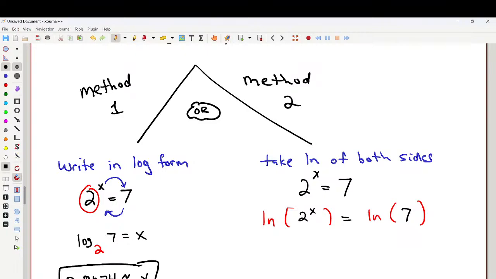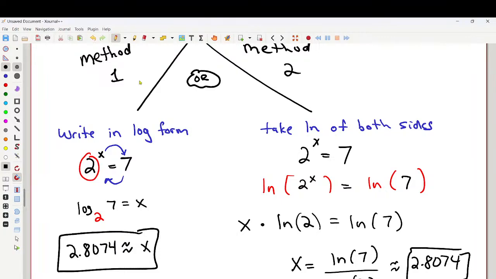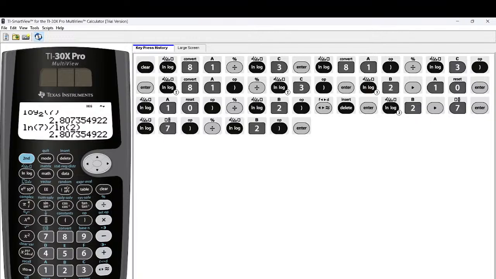And then you use your property that says, if you have an exponent inside a logarithm, bring it down as a multiplier. And then if you want to solve for x, you divide by the natural log of 2. Which, in case you forgot, is exactly what I did right there.